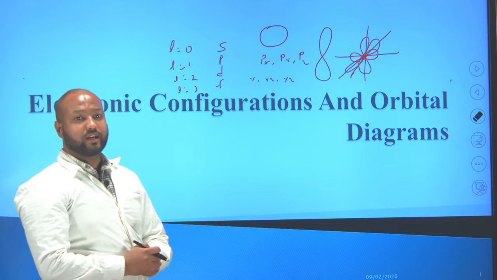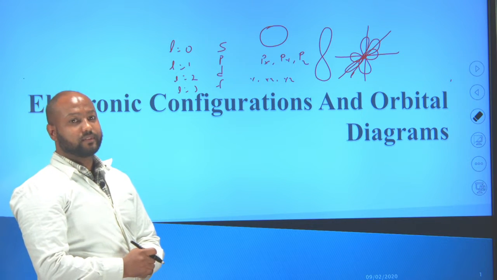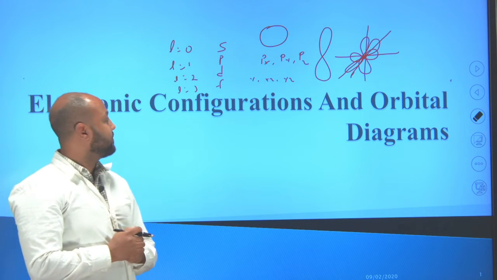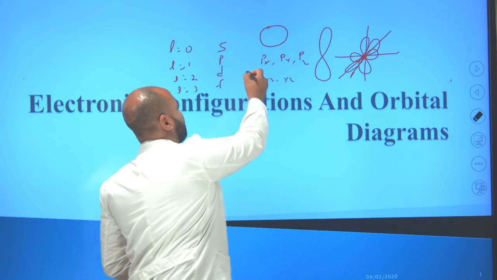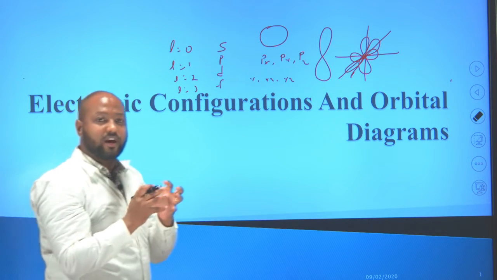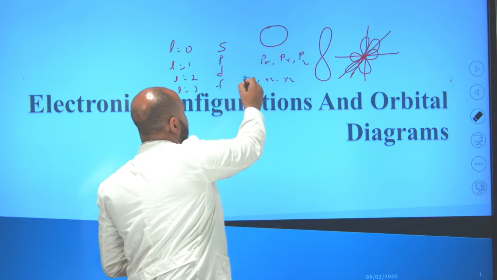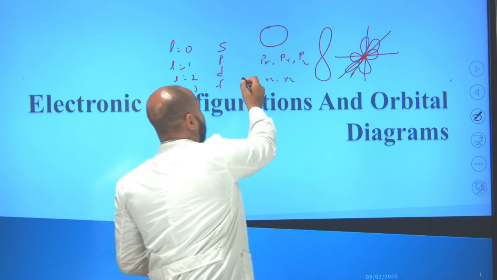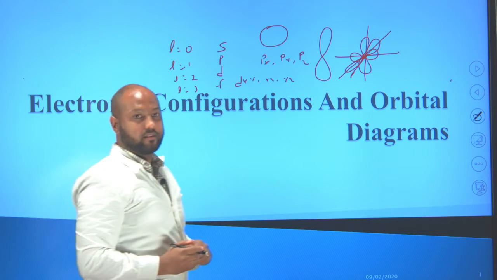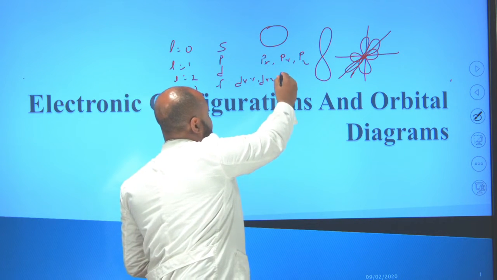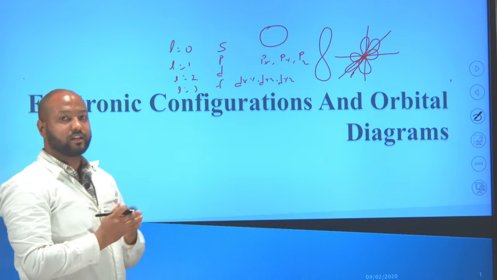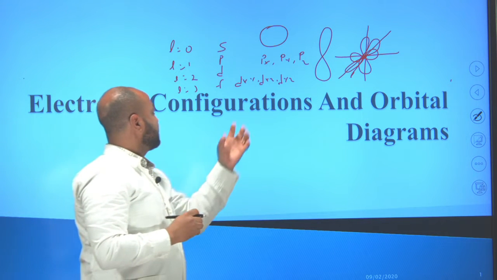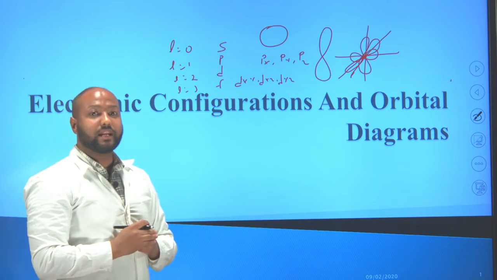The shape of d orbital looks like two dumbbells in a clover leaf shape. So the three from the 5 d orbitals, dxy, dxz, and dyz, these three orbitals are oriented along the xy plane, not the axis.